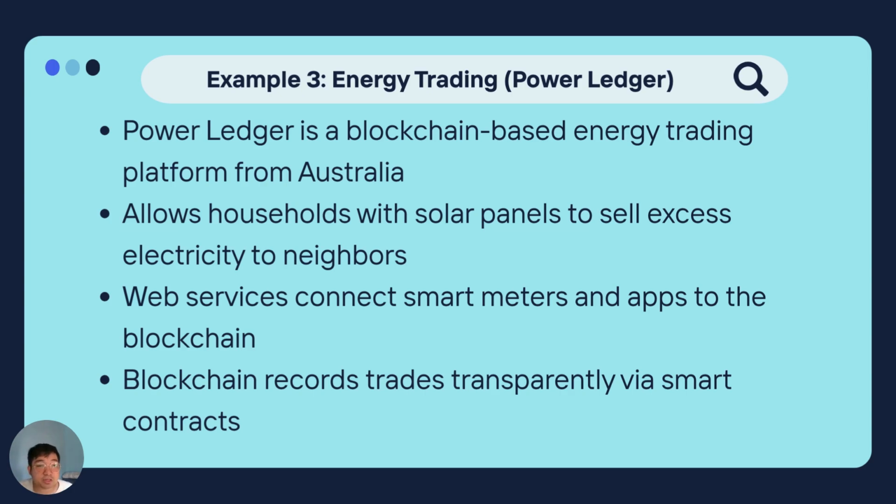Smart meters measure the amounts of generated and used energy, and web services send that data securely to the blockchain, and the blockchain records the transaction transparently using smart contracts. Payments and confirmations are sent back to users through the same web service. This system empowers communities to trade clean energy efficiently while ensuring all data is transparent and tamper-proof.